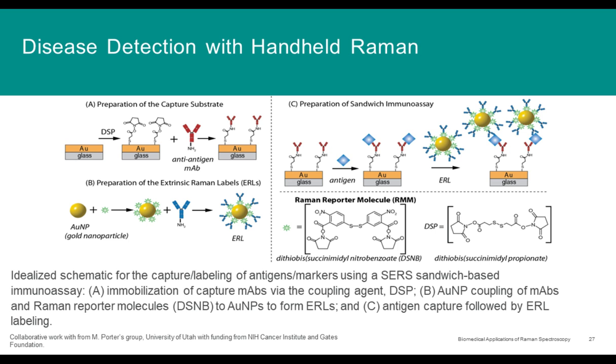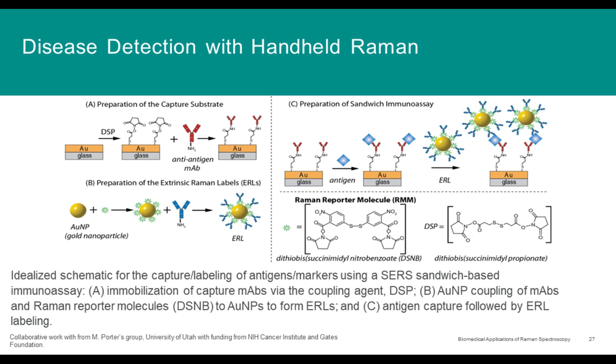And so once the sample is loaded, that antigen can be captured or sandwiched between the capture antibody and the secondary antibody if it's present. And then the SERS measurement is made, and we're able to relate the presence of the Raman reporter molecule and the amount of it that's present to both the presence and the amount of the antigen.